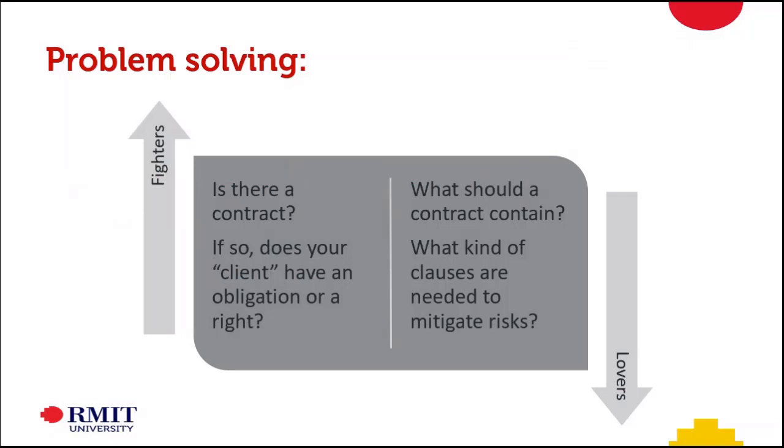So the example I gave you last week was things like notices clauses. We know that if the parties don't agree to the contrary, then if somebody sends a notice by post, it's deemed to be sent at the time it got put in the letterbox. That pretty much doesn't suit anybody, right?